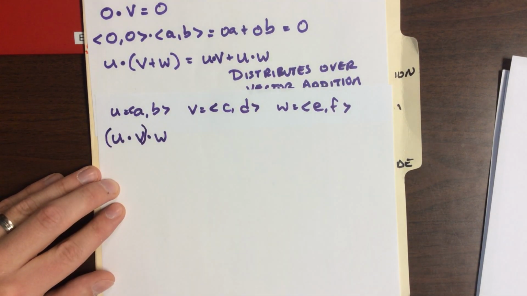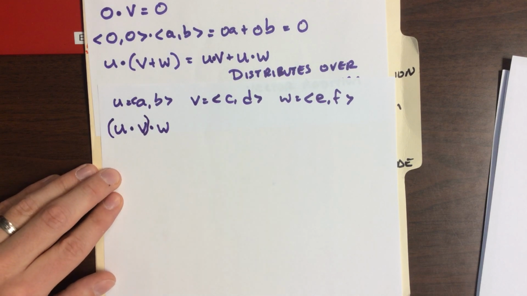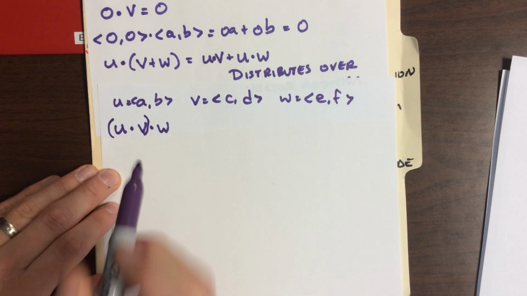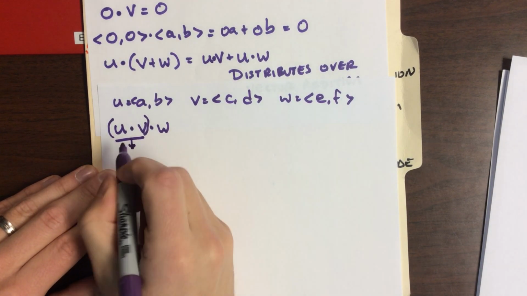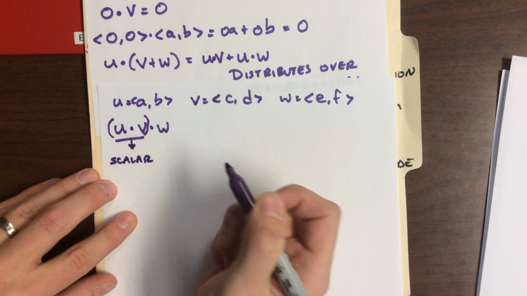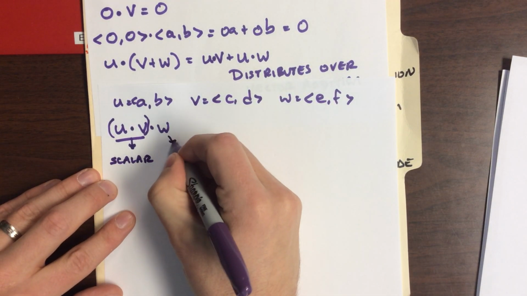If we do these two first, this is just going to be a number. That's just a scalar. And then you multiply that. That's a vector.